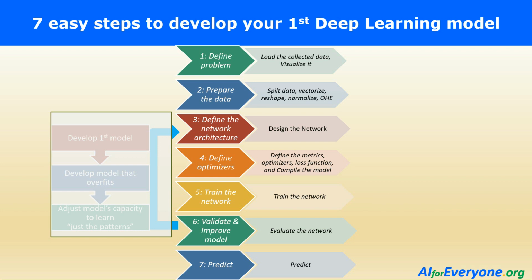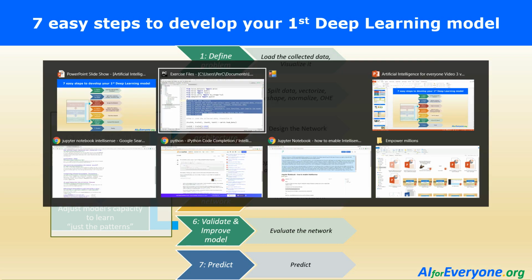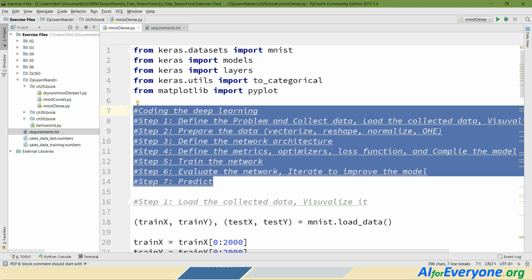The 7 steps, as we might revisit, are to define the problem, prepare the data, design the network, compile it and train the network with the training data set, and then evaluate and test the model and also do a prediction. So those are the steps that we'll be doing right now.